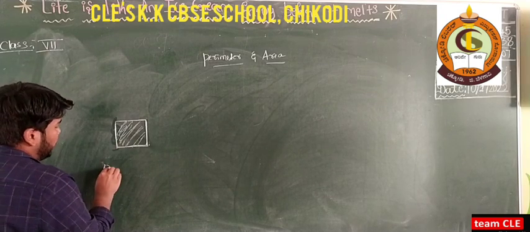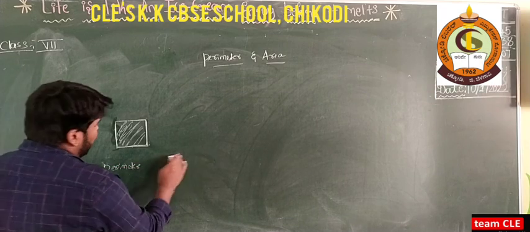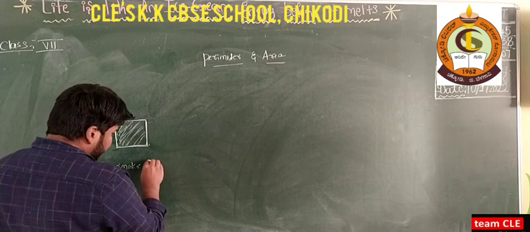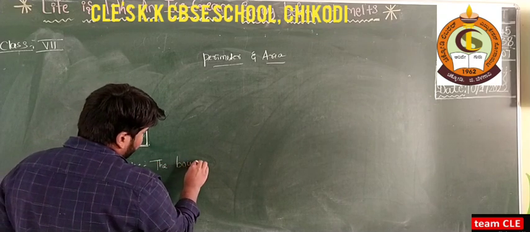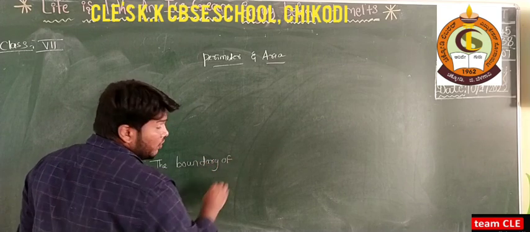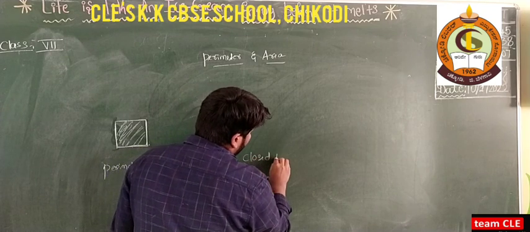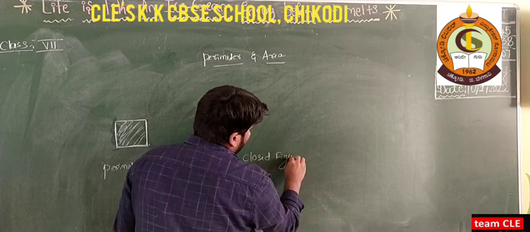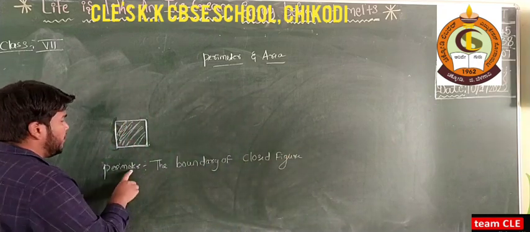First, the definition for perimeter: the boundary of a closed figure is called perimeter.